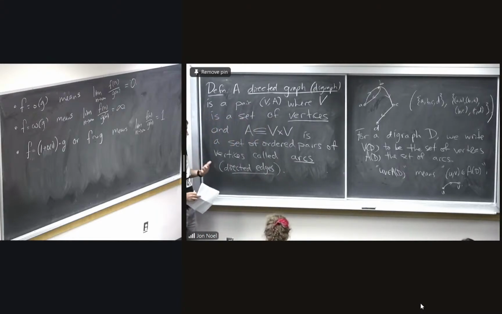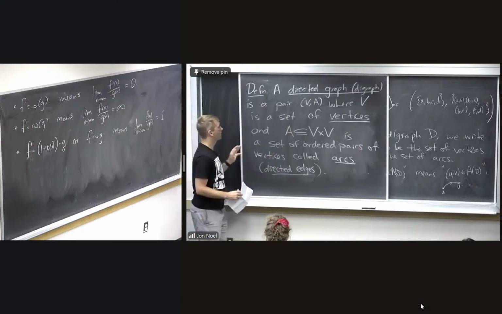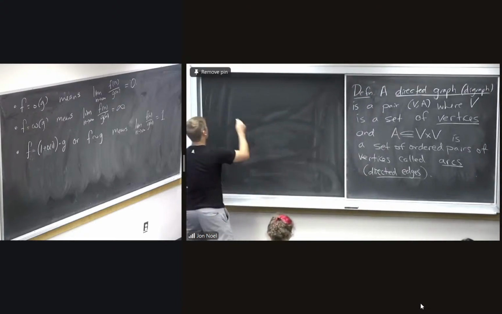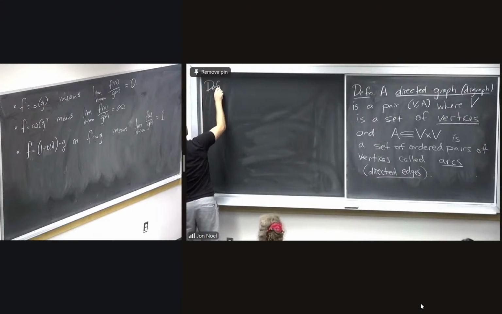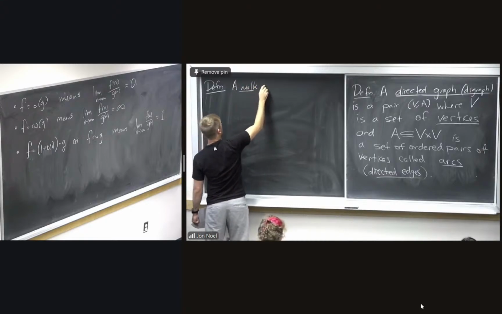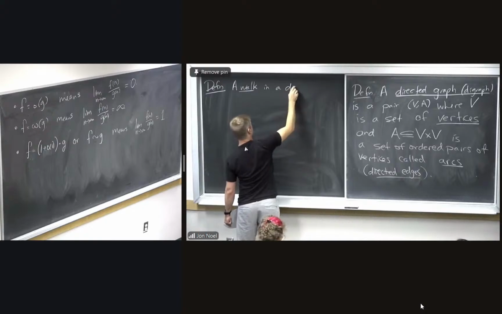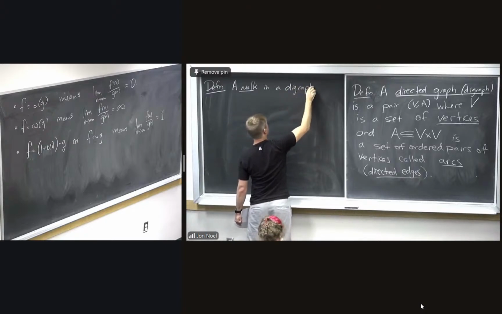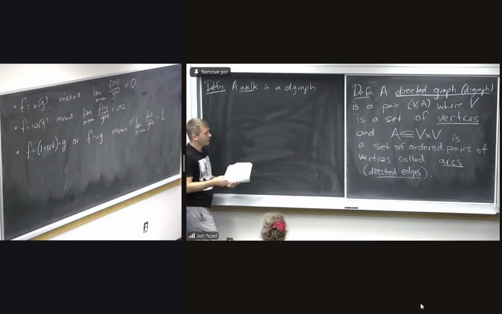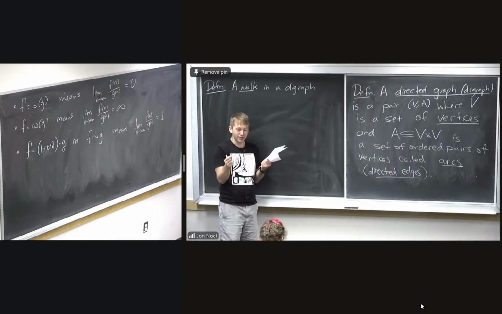So, need more notation. A walk in a digraph is just a sequence. You should think of a directed graph as having these vertices and these arrows, like one-way streets.